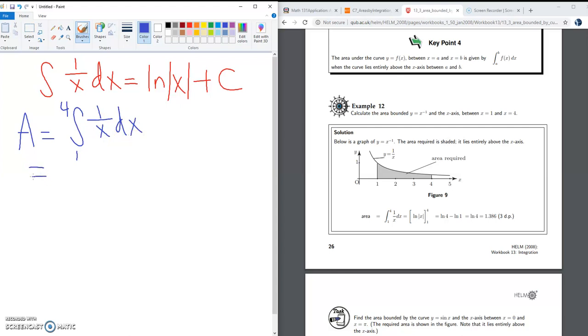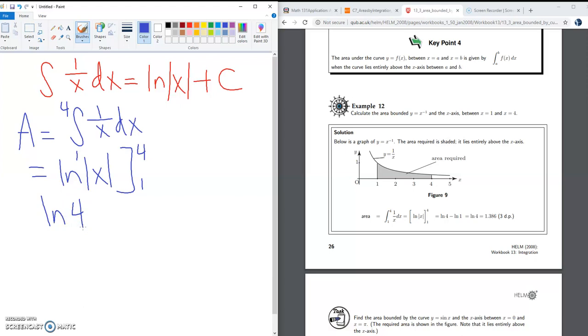And the integral of 1 over x dx is natural log absolute value of x. And we're evaluating or finding the area of the region from 1 to 4. So all we do here is plug in 4 first in place of x. So we have natural log of 4.